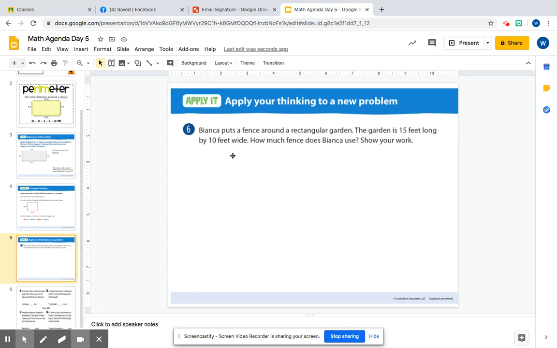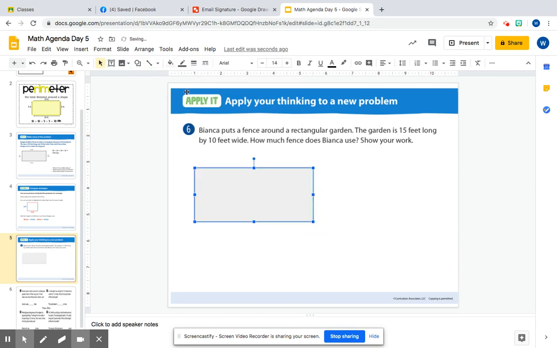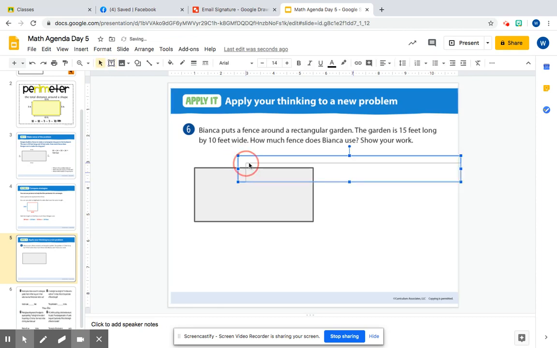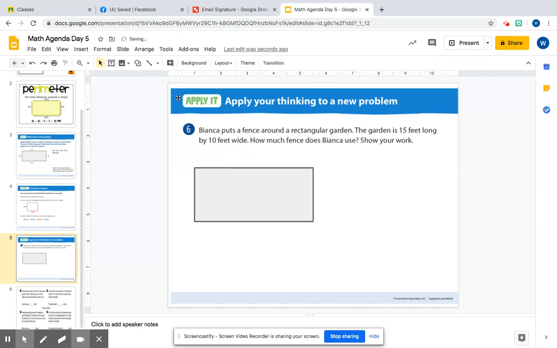Okay, so we know that Bianca's putting a fence around her garden, her rectangular garden. So I'm going to go ahead and draw my rectangle here, and I'm going to put a little bit of a border around it so I can see it. Now I want to label my sides.